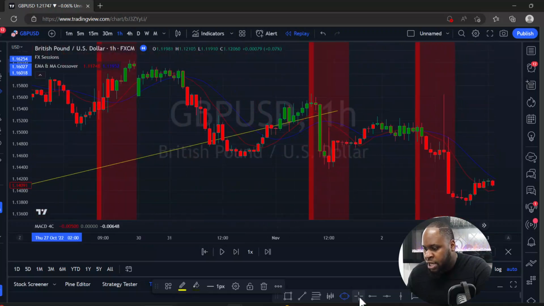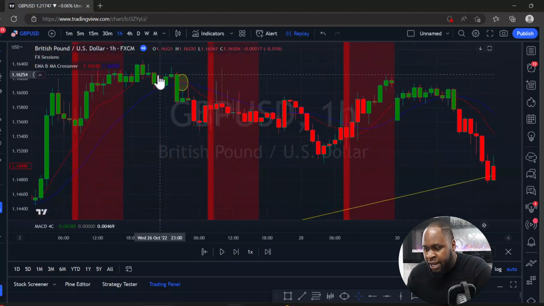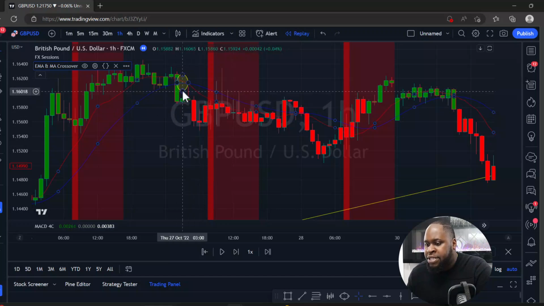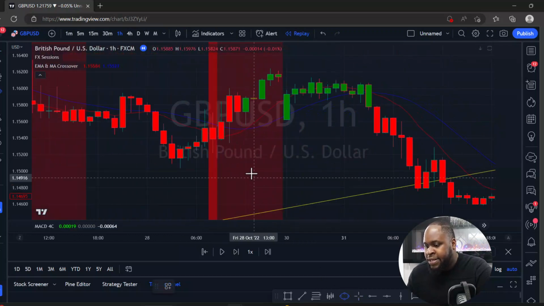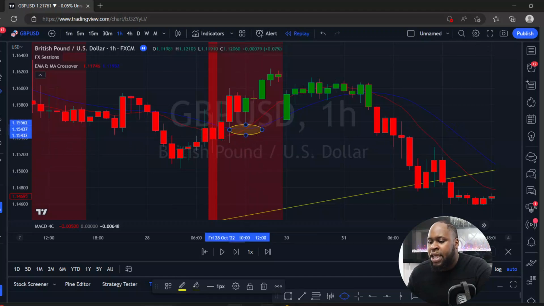Let's zoom into that. So we have a crossover that happened right over here. This was a crossover. And if price is under the crossover, then we want to take a sell position. If price is over the crossover, like in this example over here, we want to take a buy.